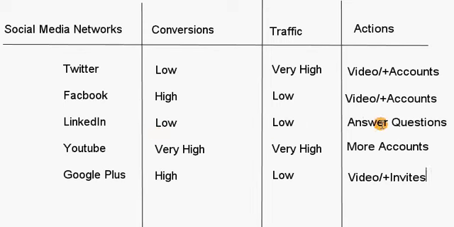LinkedIn, if you just want to answer some questions for people, I don't know about any conversions. YouTube, we know that it's awesome. It's going to be awesome. And my great advice to you is make more videos and get more YouTube accounts.